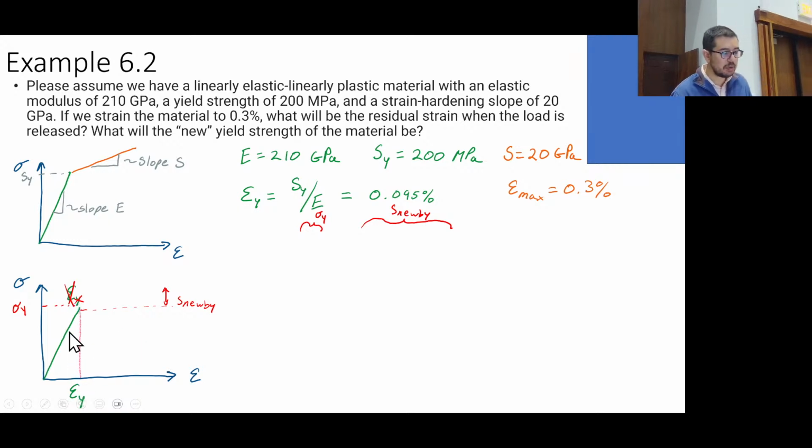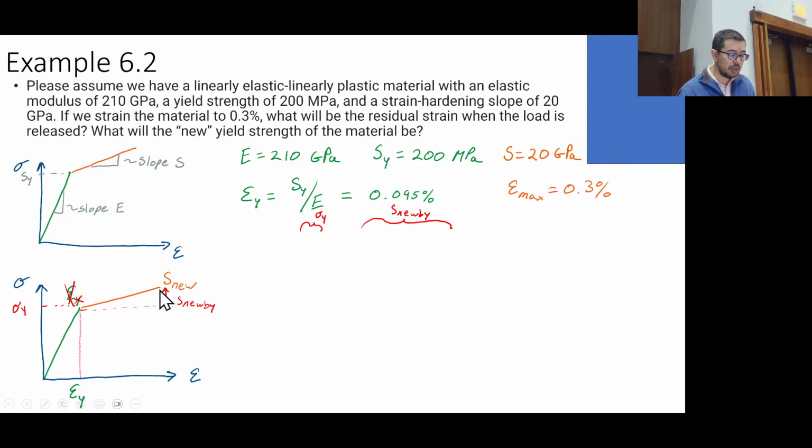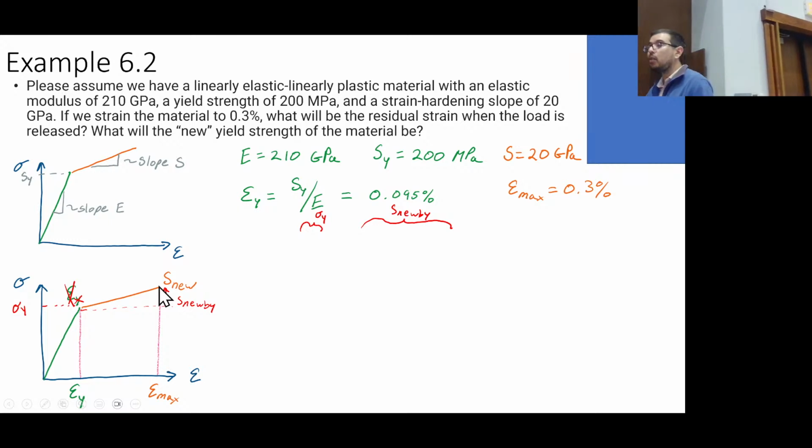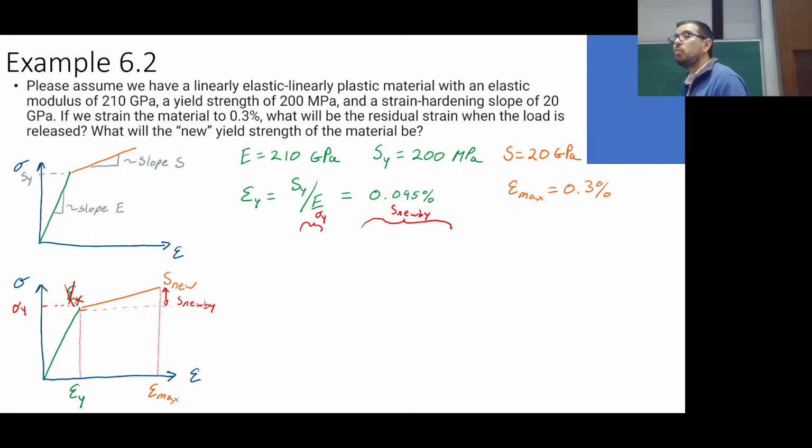So this is, once again, the yield strain, or the onset of yield, which happens at epsilon y. And then we go up to some level, which is going to be 0.3% strain down here, and it gets up to some new stress level.